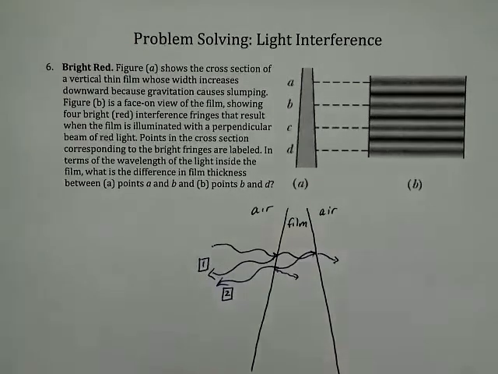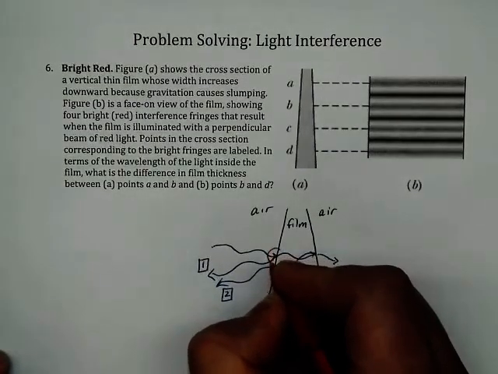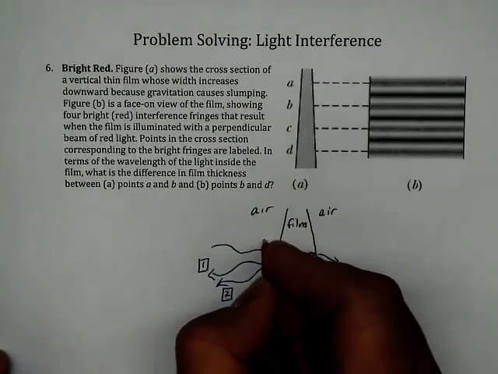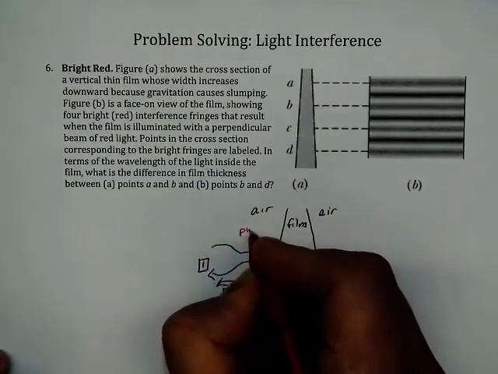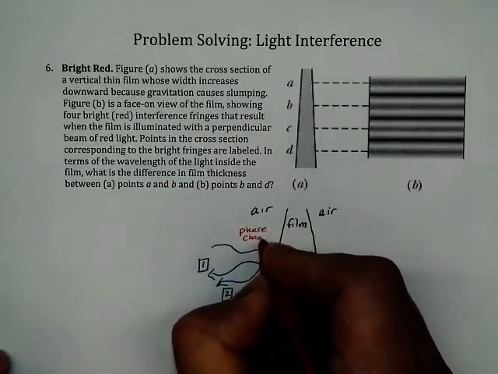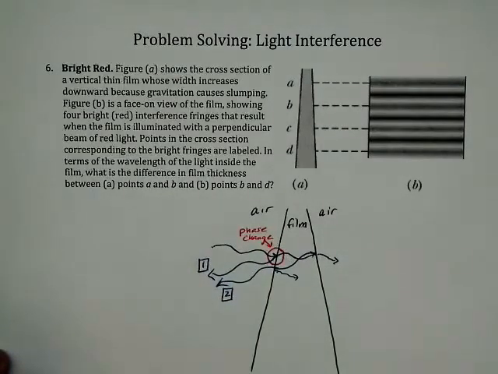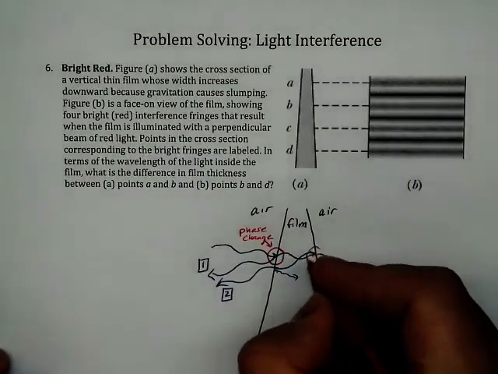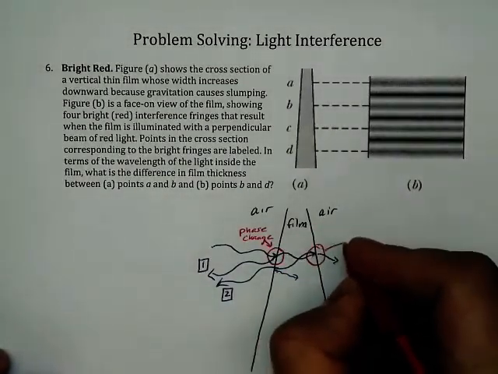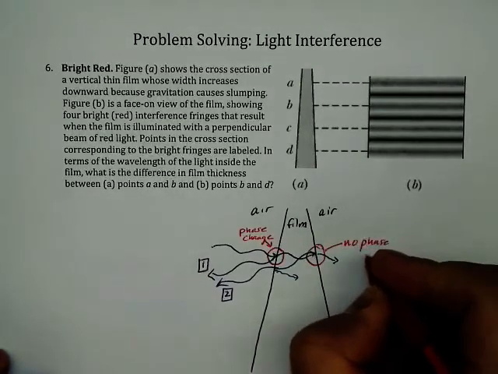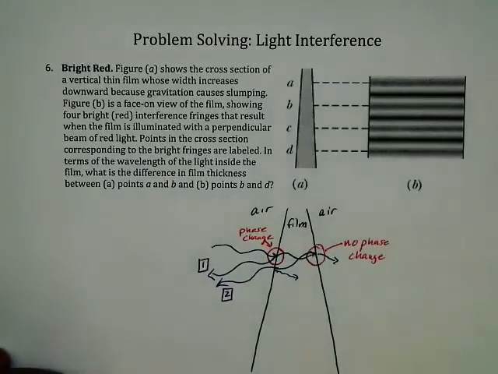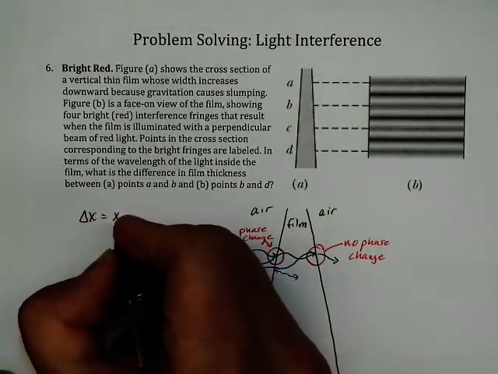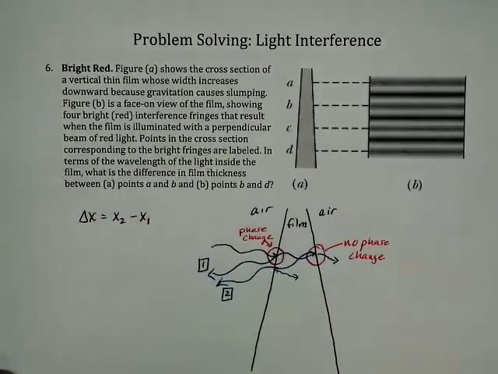So let's think a little bit about the boundaries. Right here, at the air-film boundary, the film has a higher index of refraction than air, so this reflection event does involve a phase change of 1/2 of a wavelength. But on this side, when you are bouncing off of the film-air boundary, because air has a lower index of refraction than film, there is no phase change. We're looking for a path length difference between wave 1 and wave 2.